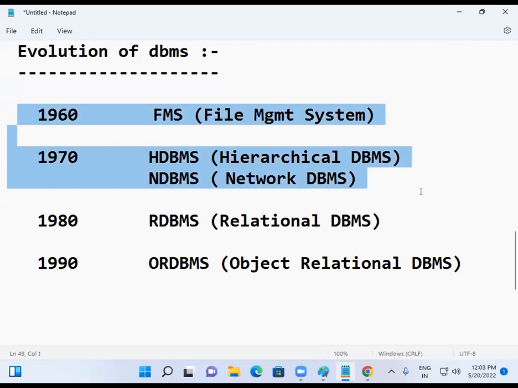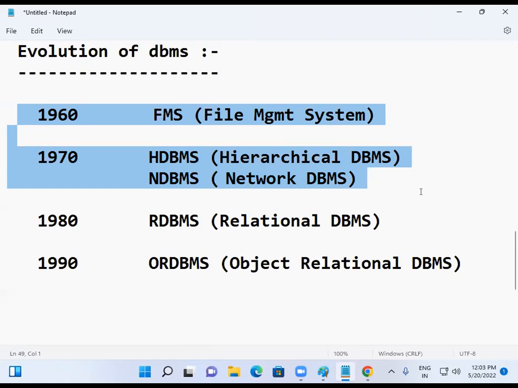No one is using FMS, HDBMS, or NDBMS. Nowadays, no one uses landline phones; everyone uses mobile phones. Similarly, these systems are outdated. No company is using FMS or NDBMS.